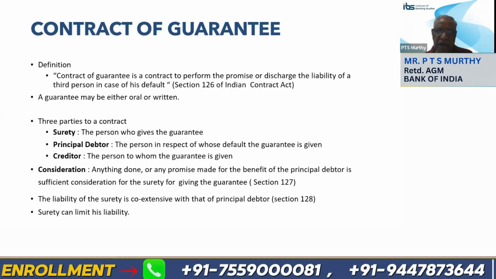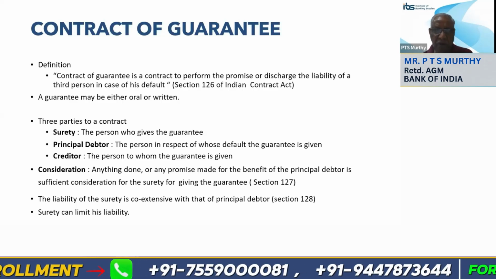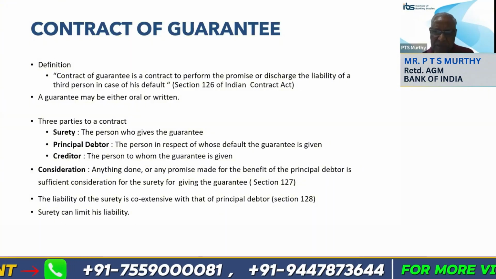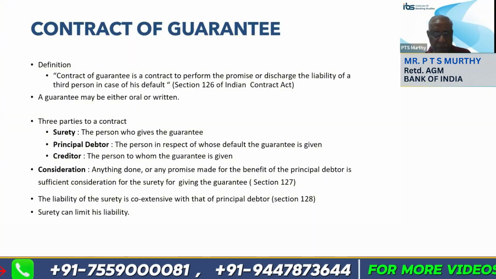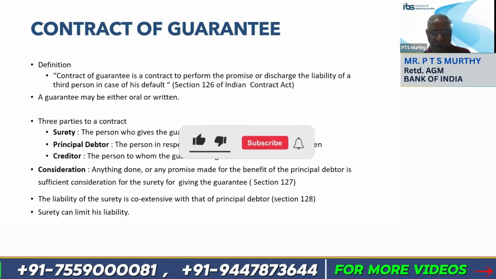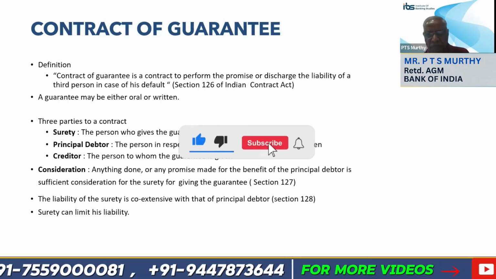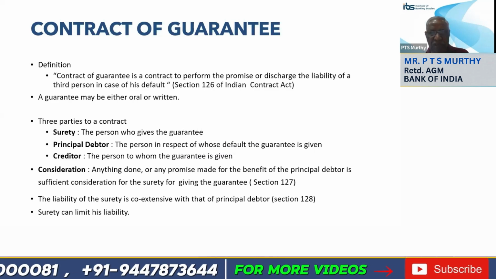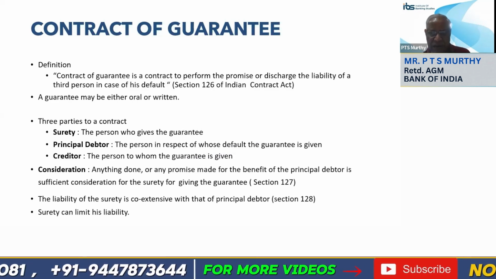Here, in the contract of guarantee, non-performance is very, very important. And on whose side is the non-performance? From the applicant side, there is a non-performance. Then the beneficiary can claim the money directly from the person who has given the surety or who has given the guarantee.